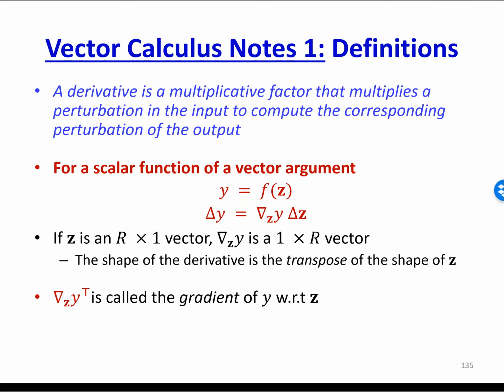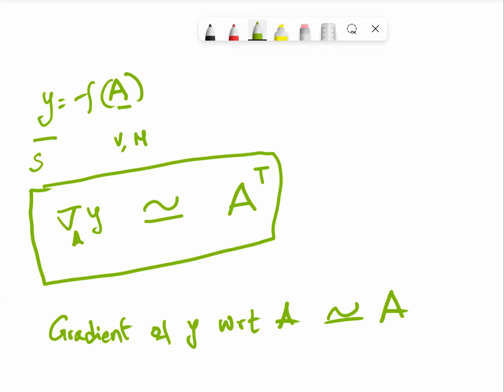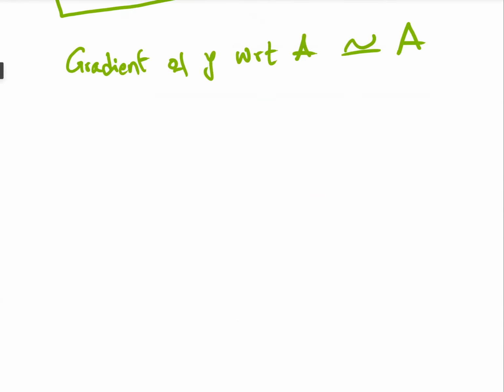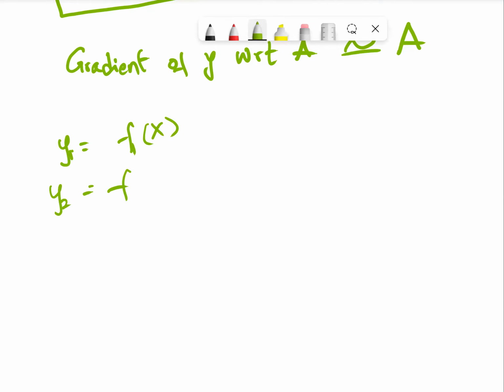Now, we're clear about this so far, right? Why did we choose to make it a row vector? Where did that convention come from? To understand, suppose I gave you a set of functions. y1 equals some function of a vector x. y2 equals some other function of the same vector x. y3 equals some other function of the same vector x.